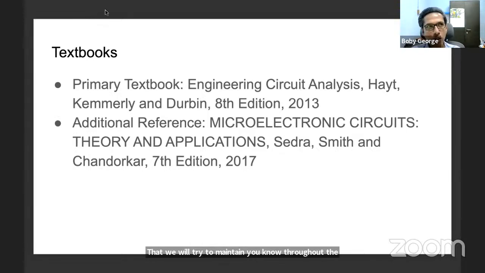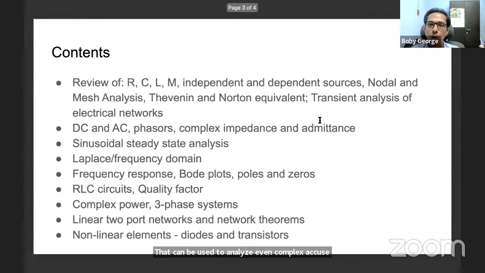Then, as Aniruddhan mentioned, you will see some ways of solving or analyzing circuits. Here you will see more powerful methods that can be used to analyze even complex circuits and to get more understanding of the circuit for the linear as well as non-linear circuits.